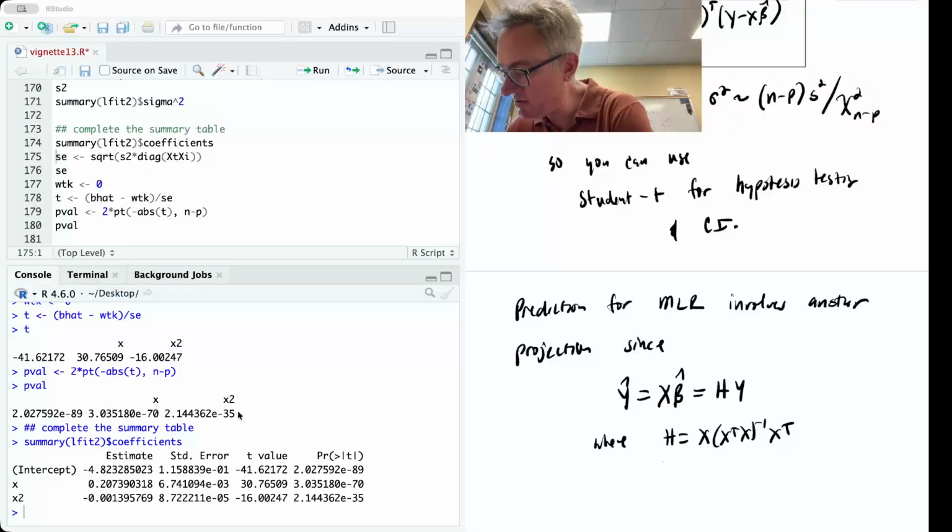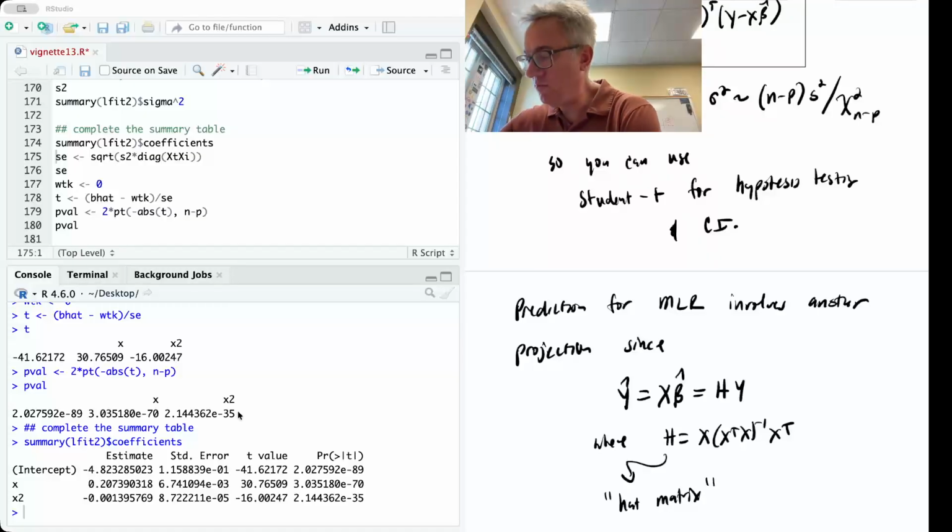And sometimes this is called the hat matrix, which is why we use the letter H, because it puts the hat on Y. So if I take the hat matrix and multiply it by Y, it'll give me Y hat. Kind of a cheeky statistics mnemonic.